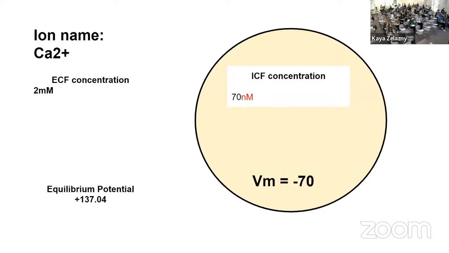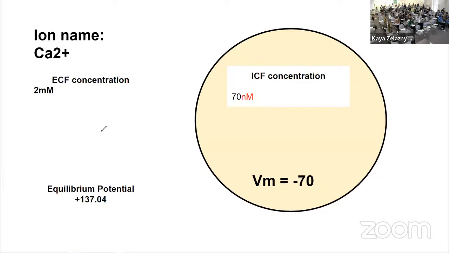Okay, so in this assignment, you're all looking for the chemical driving force, the CDF, the electrical driving force, the EDF, and then adding those two together for our electrochemical driving force. I think the reason that some of us had a little trouble with this one has to do with the units on the concentrations.